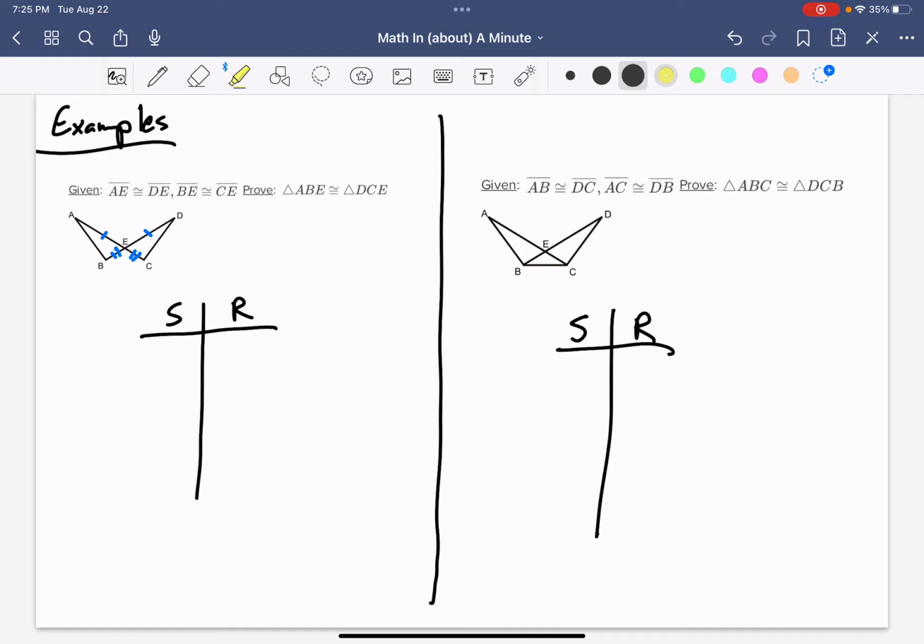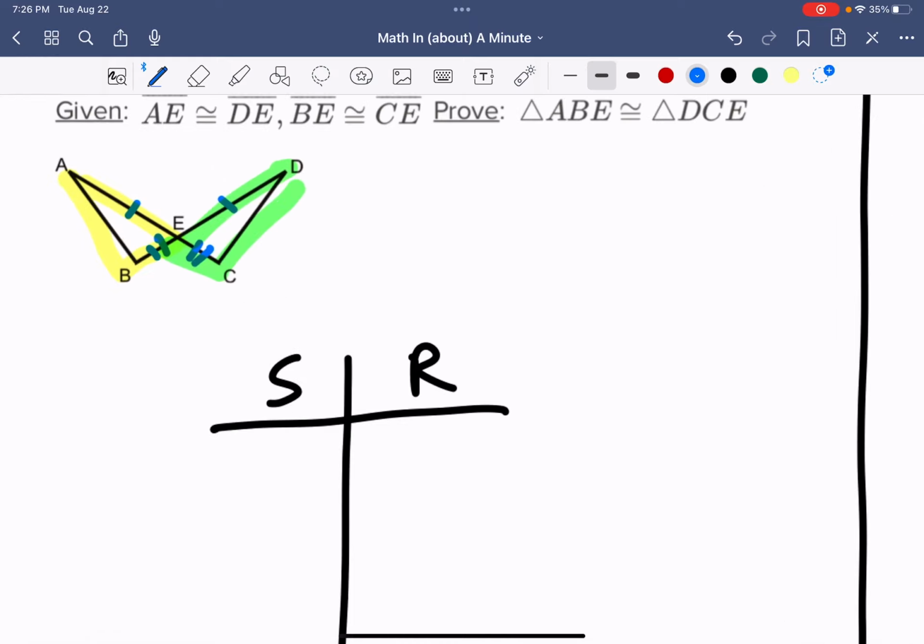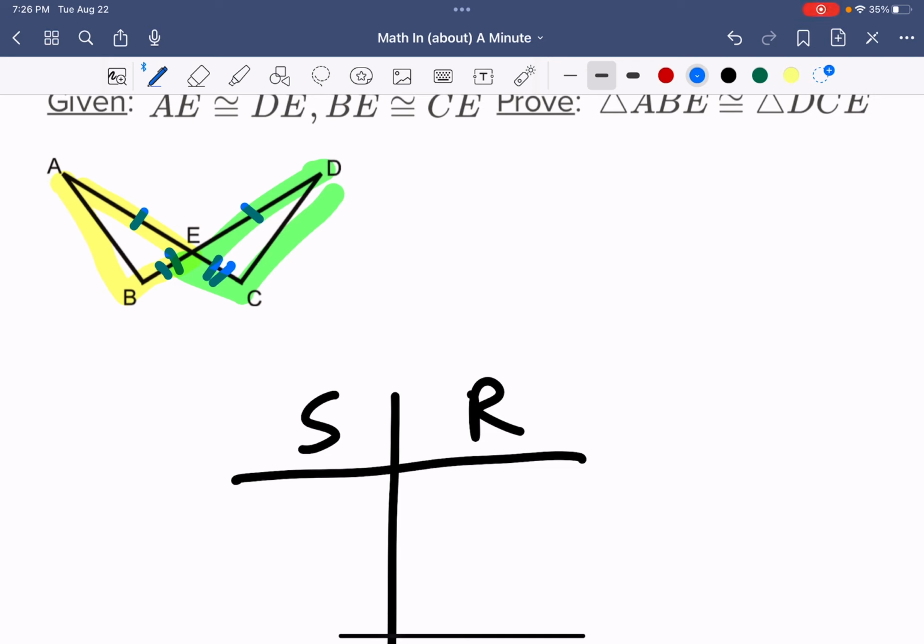Just to show you, I'm trying to show that this triangle is the same as this triangle. Let's take a look at how I can do that. Now, thinking about my letters, what I'm seeing is I have two sides. And the other thing I'm seeing, let's zoom on in here, is that I have a congruent angle here and here.